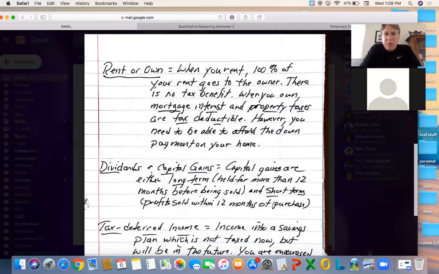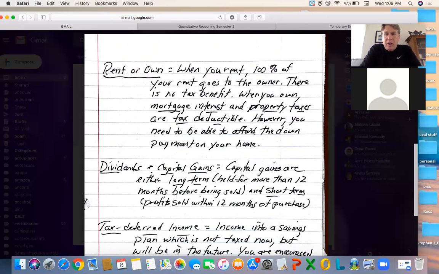When we own, we do get tax advantages. Any interest we pay on the mortgage, which is part of your monthly pay, it's the same as paying rent, but you're paying it to the bank, is tax deductible. Also, all the money you pay for property taxes is tax deductible. A $300,000 home in Portland is probably going to pay $6,000 in property taxes.